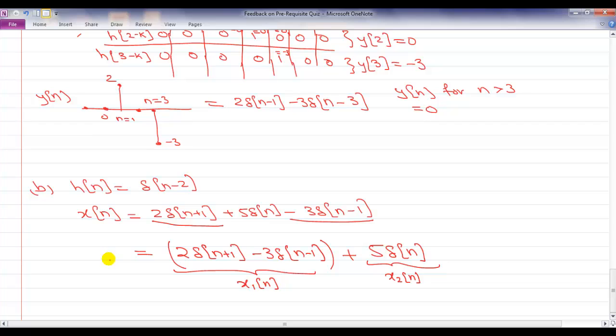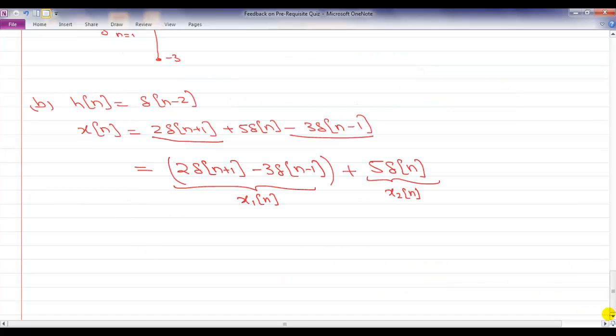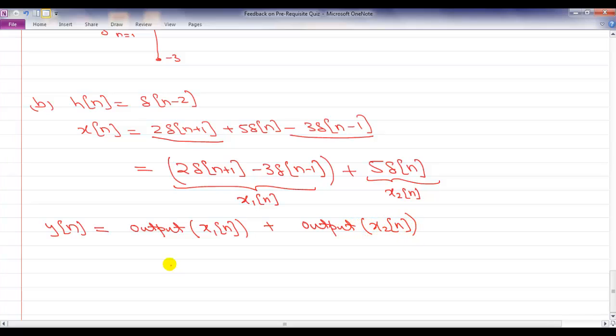So we are asking what is the output when our input is the sum of these two inputs. Because this is an LTI system, we know that the output y of n will be equal to the output of x1 of n plus the output of x2 of n.